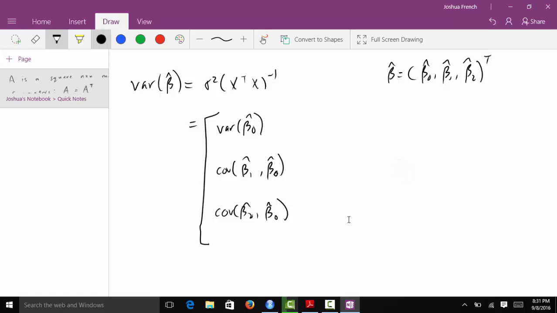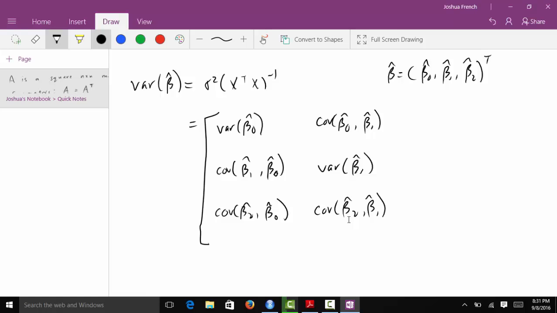In the second column here, we're going to have the covariance between beta naught hat and beta 1 hat. The second diagonal element is going to be the variance of beta 1 hat. This third position here is going to be the covariance between beta 2 hat and beta 1 hat.